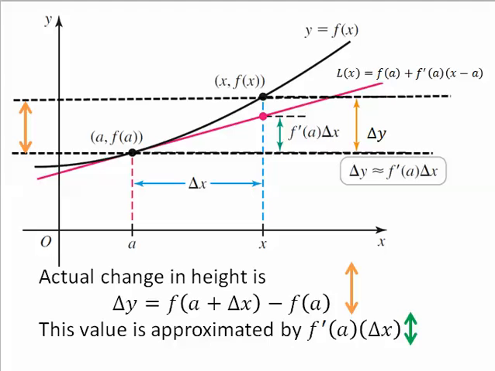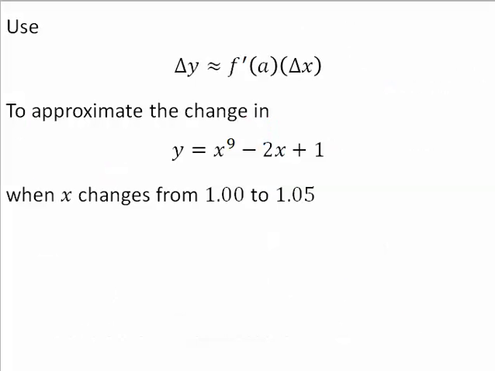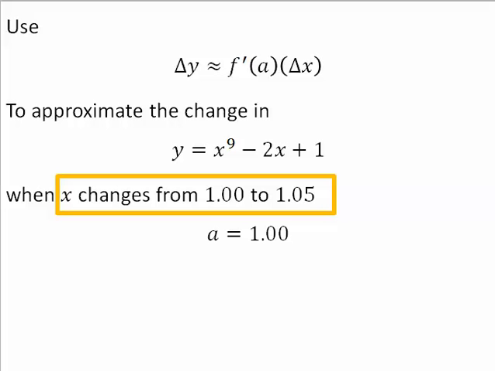All right, let's do a problem. Let's approximate the change in this function when x changes from 1 to 1.05. If you're starting at 1, then A is equal to 1. If you're ending up at 1.05, then your delta x is 0.05.